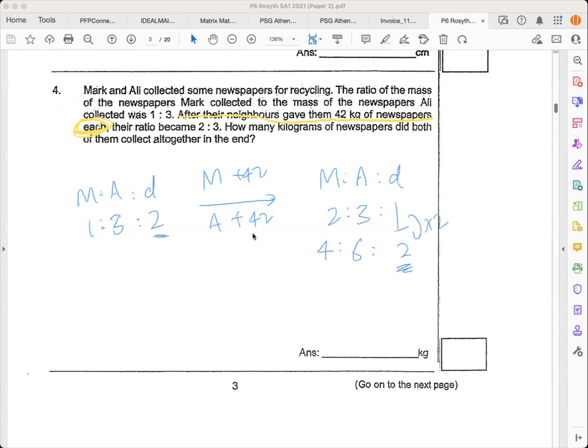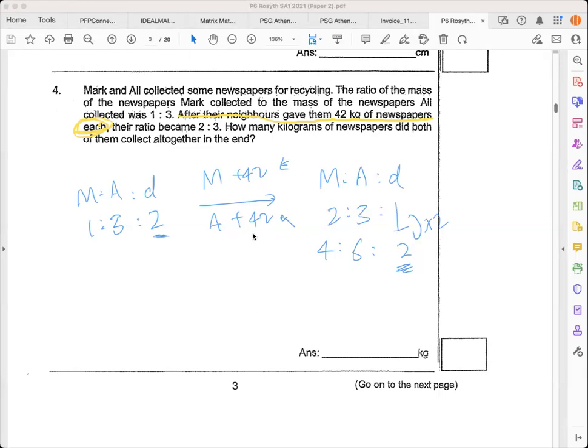Now let's focus on the value given in the question. There's 42 for Mark, or 42 for Ali. So I'll pick Mark.